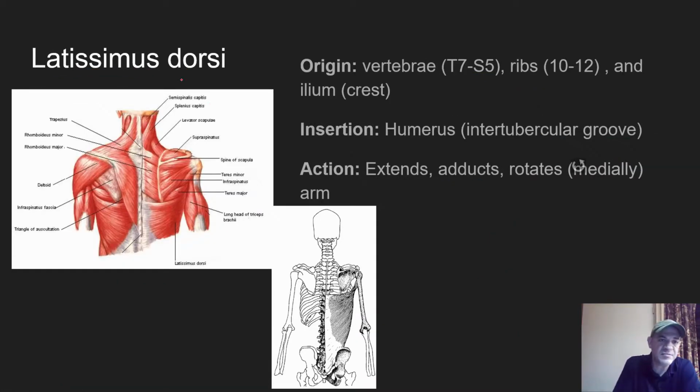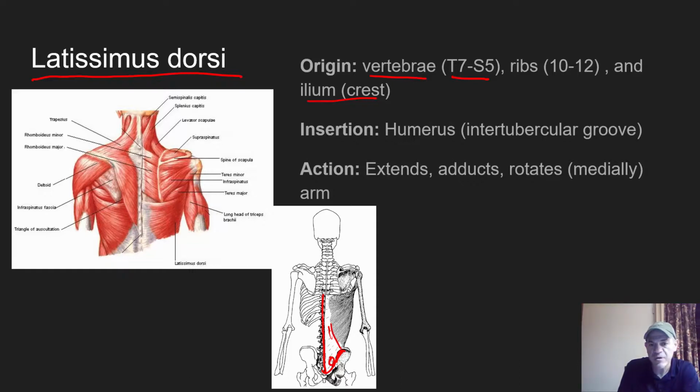Next muscle is the Latissimus dorsi, and the origin of this muscle is on the vertebrae, as well as the ribs and the iliac crest. If we look at the origin, we start over here at about T7 and move all along the spinal column down to the sacrum, so we're going to run from T7 all the way to the sacral vertebra number 5, as well as over here in the iliac crest, and then some of the ribs in this area here.